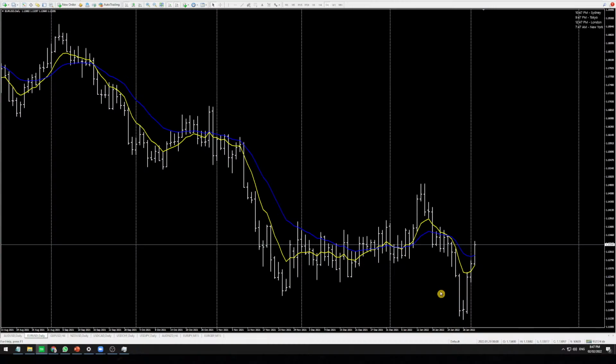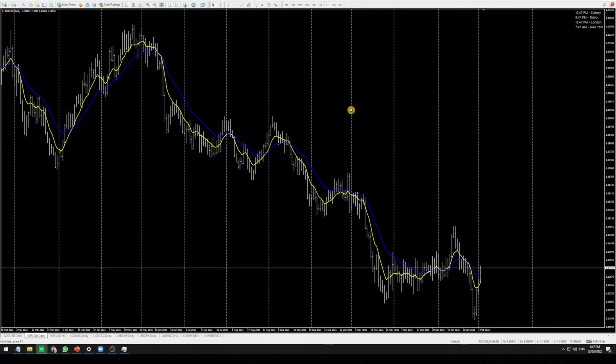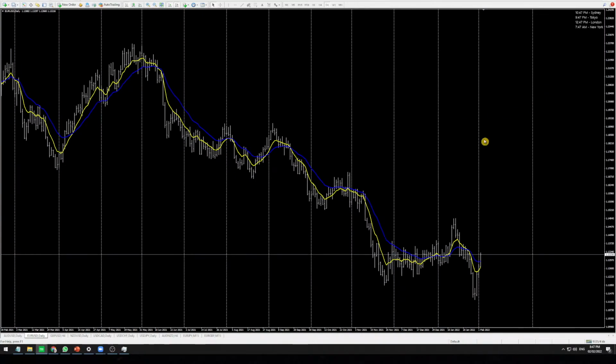Hindi siya same or identical yung cycles niya dito or the waves. So I would treat it more as a downtrend still, but not looking at the last 3 months data, but on a much bigger picture right here. Kung titingnan nyo, it has been moving down, right?